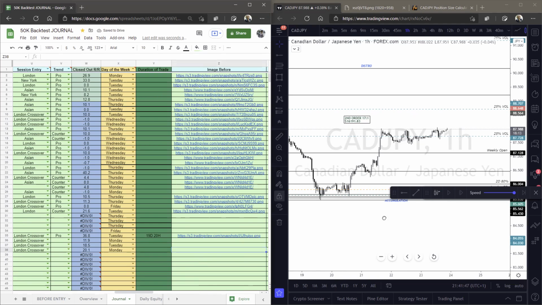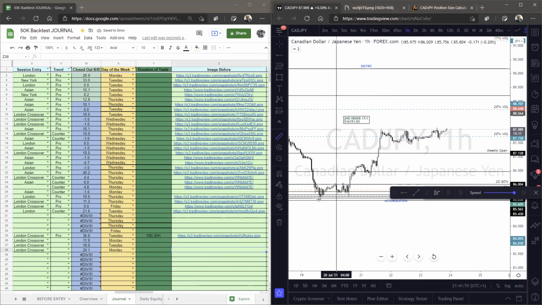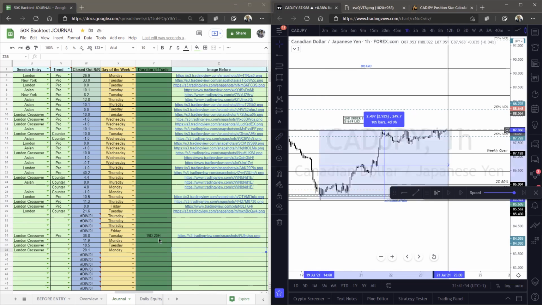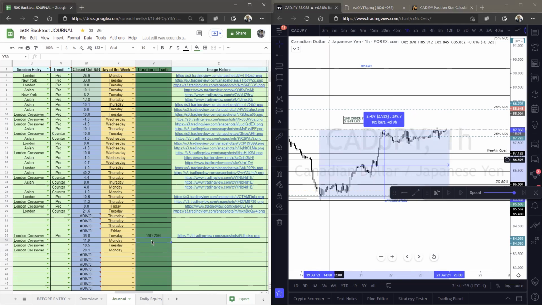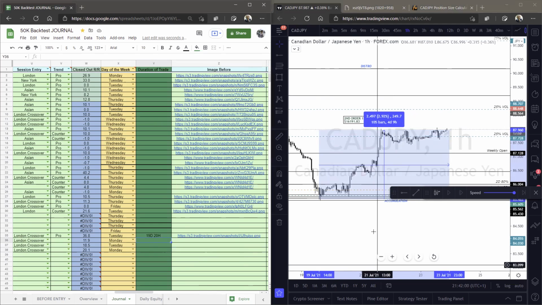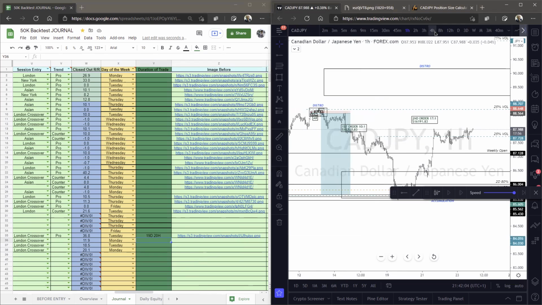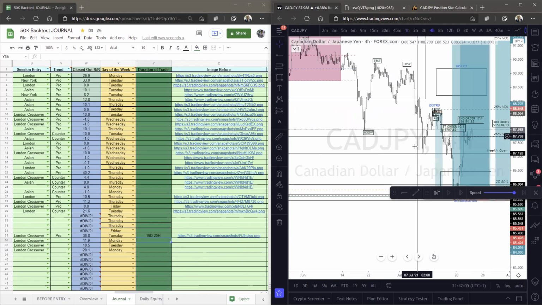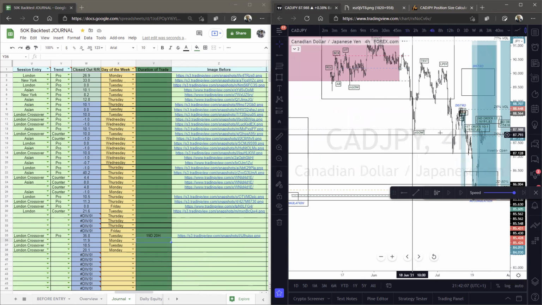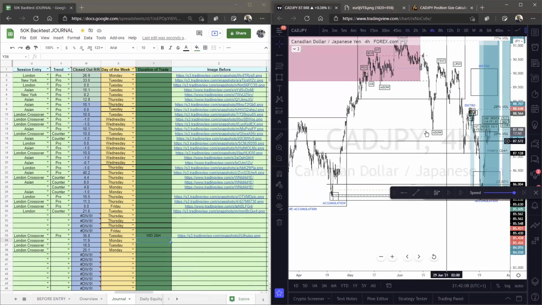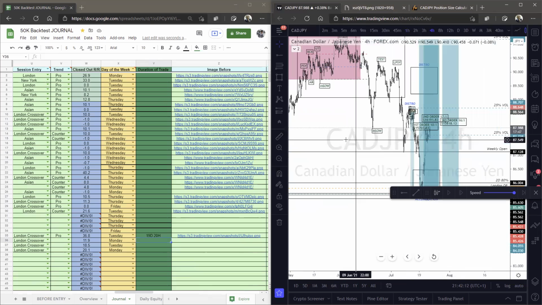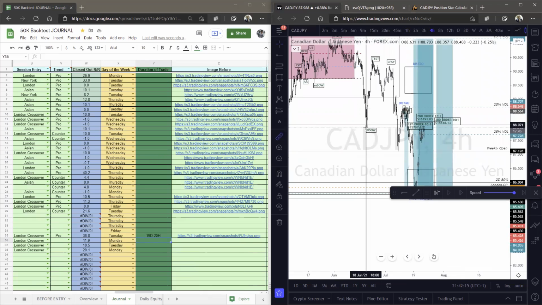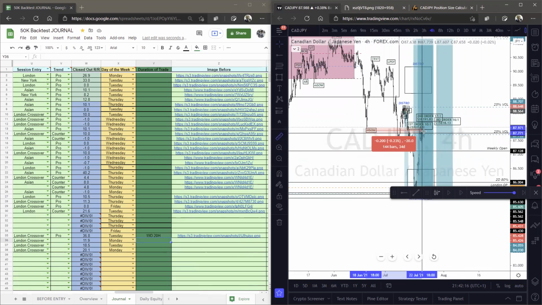Duration of day. So 4 hour, 4 days, 9 hour. No, actually, it was longer. Once we pushed in here, that's when we looked at this. So it would have been 35 days.